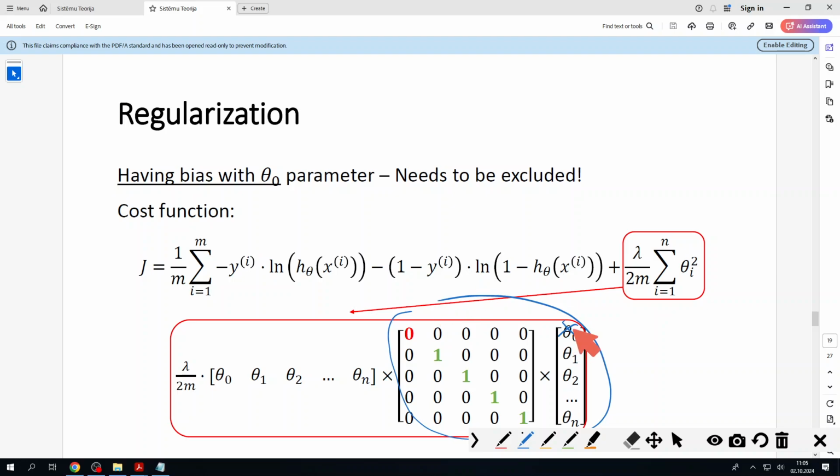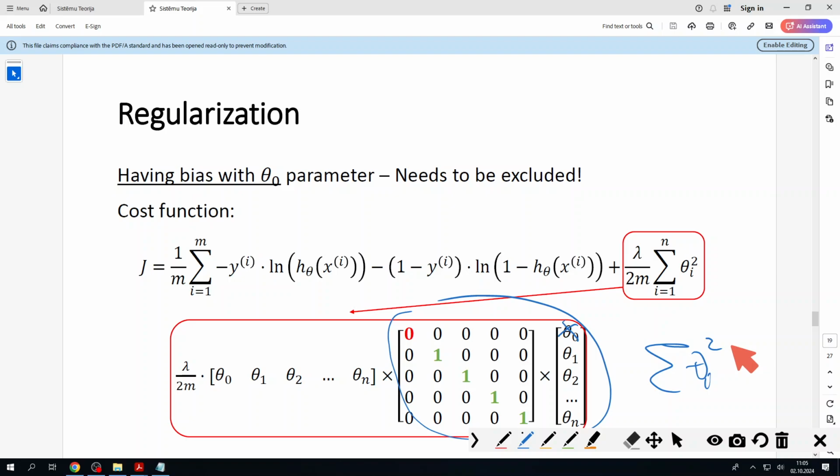Then you multiply this theta column with 0 as first element with this row by column, which produces this sum of squares, which is what we wanted to get. Yes? So this part is quite simple to vectorize.